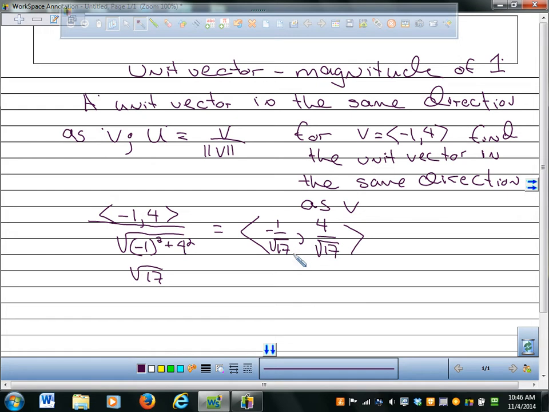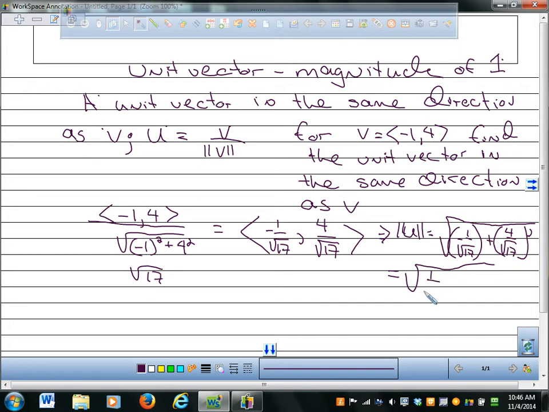Just to show you that that's true, the magnitude of u is going to be the square root of negative 1 over the square root of 17, quantity squared, plus 4 over the square root of 17, quantity squared.